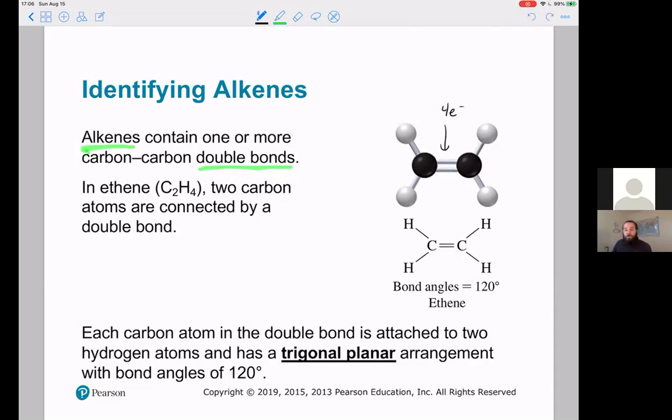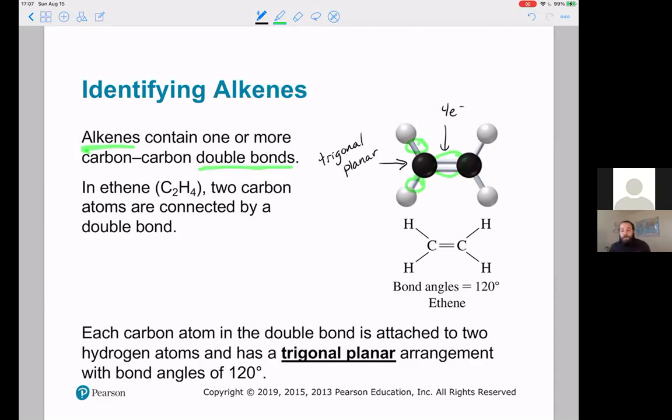Remember we talked about how in alkanes, that carbon has a tetrahedral configuration. For alkenes, there are still 4 bonds, but one of them is a double bond, so there's sort of 1, 2, 3 bonding regions. The shape of that carbon is trigonal planar.